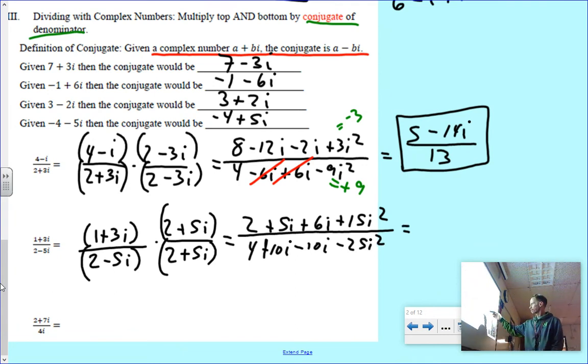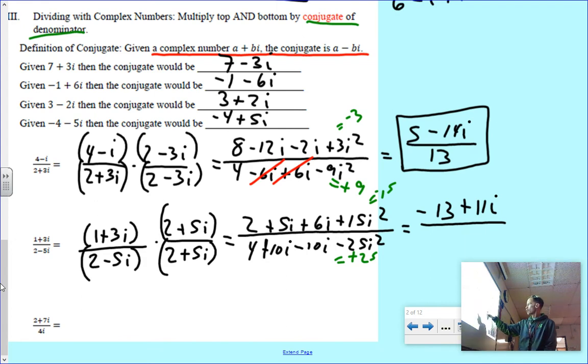When you clean that up, you have negative 13 plus 11i over 29. Again, those middle i terms, the plus 10i and minus 10i, they will cancel out.